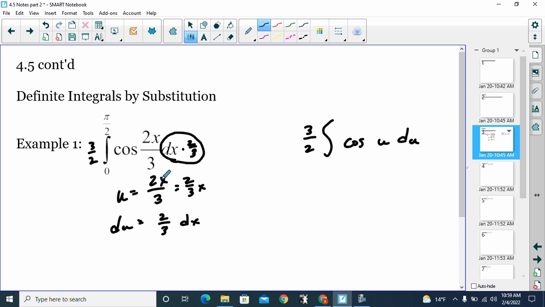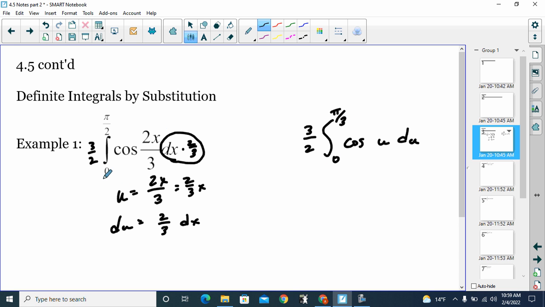So if I plug 0 in right there, I get 0 divided by 3, which is 0. So an x value of 0 matches up with a u value of 0. And plugging in pi over 2, I get pi over 2 times 2, that's pi, divided by 3. So an x value of pi over 2 matches up with a u value of pi over 3.